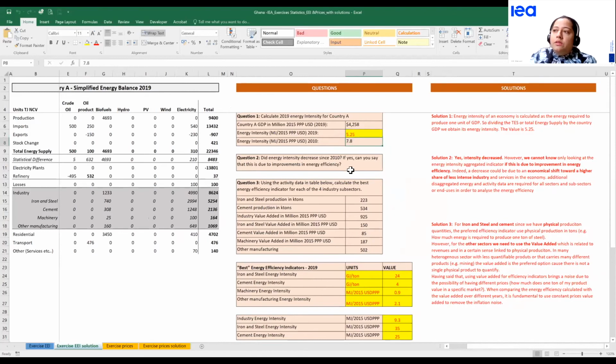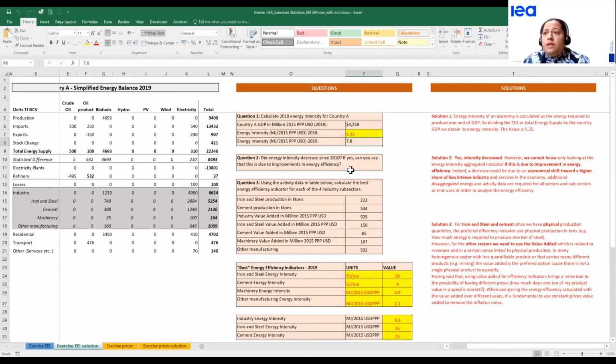However, we cannot say just by looking at the energy intensity aggregated indicator that this is due to improvement in energy efficiency. So indeed, this decline can be due to an economic shift towards a higher share of less energy intensive industries. It could be to services in the economy.